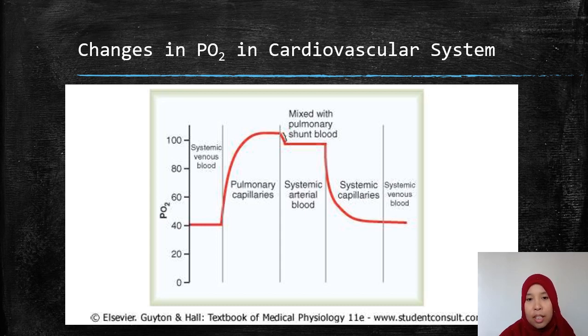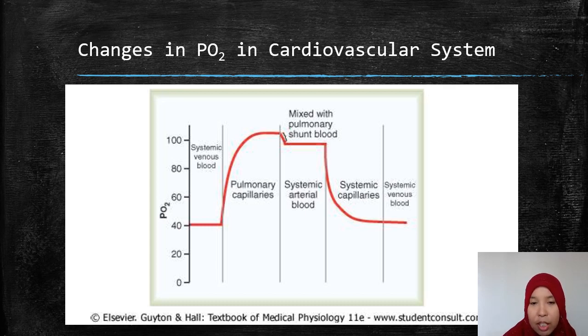So remember that previously we've talked about the 3 types when we talk about the blood vessels: the pulmonary arteries, pulmonary veins, and then the blood vessels that supply the lung, right? So this is the blood that supplies the lung. It joins the blood that comes out from the pulmonary capillaries, which is the vein, right?